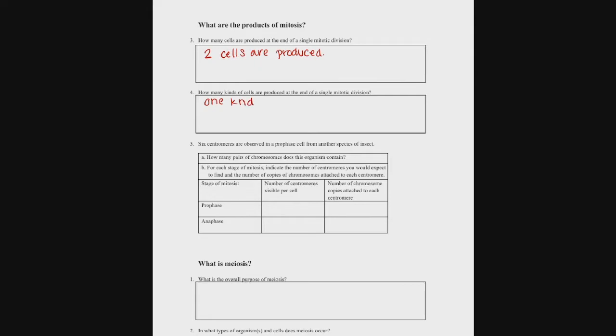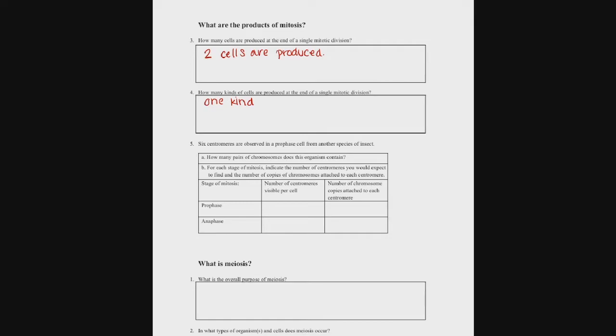So we do have two cells, but because they are exactly like their parent, they are going to be just one kind of cell. If you're starting with a somatic cell that has chromosomes that code for, I don't know, blue fingernails or something, and then you divide it, you're just going to have that same gamete in there.